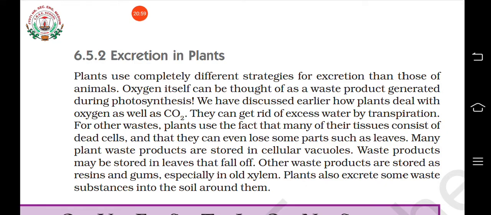Some of the waste material they send to the old leaves that are about to fall. Then some waste material they excrete into the soil around them through the roots. So is it clear? These are the ways by which excretion in plants takes place. So hope that this topic of excretion is very clear to you. Okay, thank you.